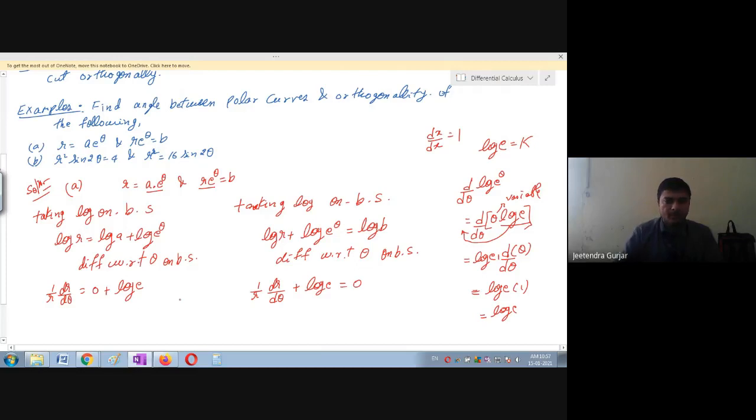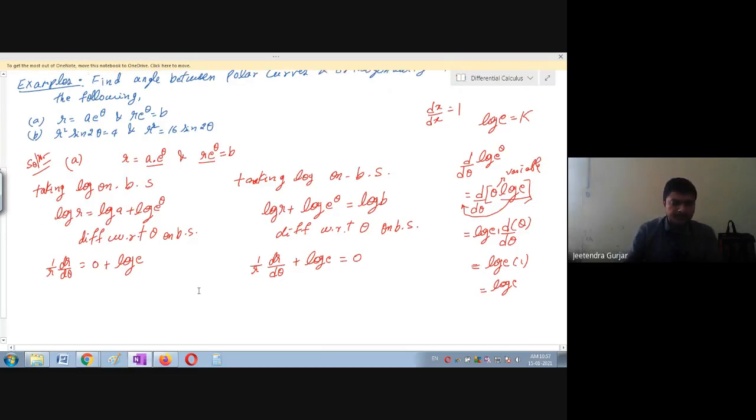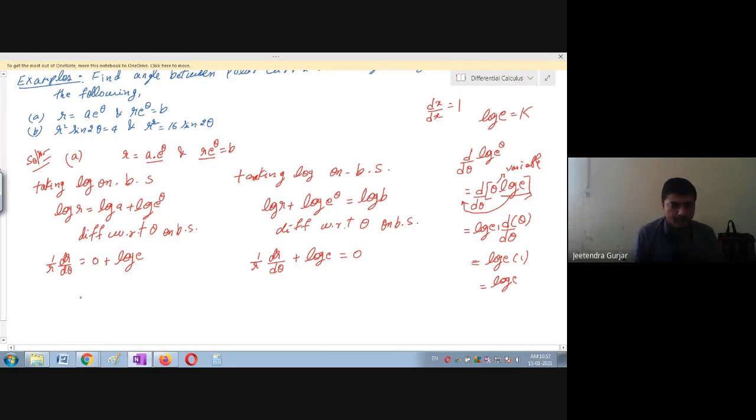Now simplify on both the sides. One can see here, we are going to write this as 1 upon r dr upon d theta is equal to log e, right? Here also you can see 1 upon r dr upon d theta is equal to... this plus is there.